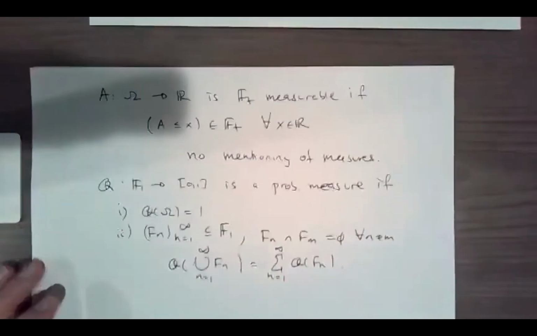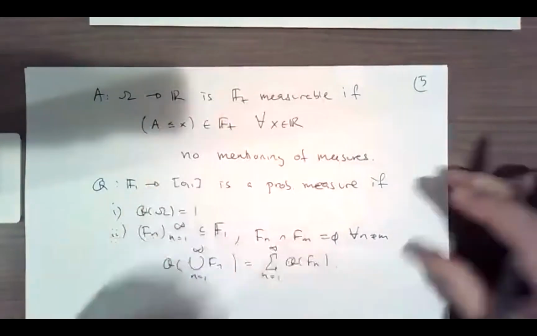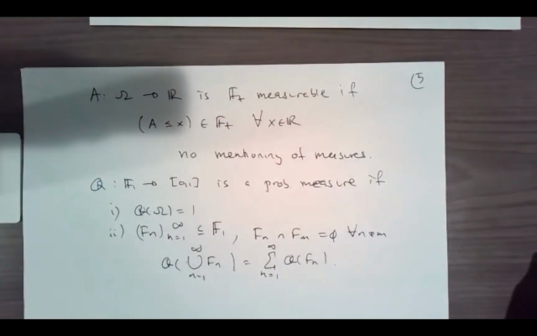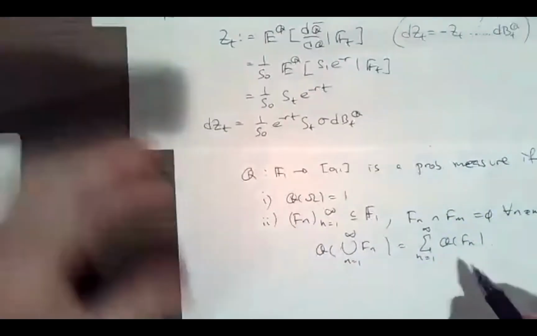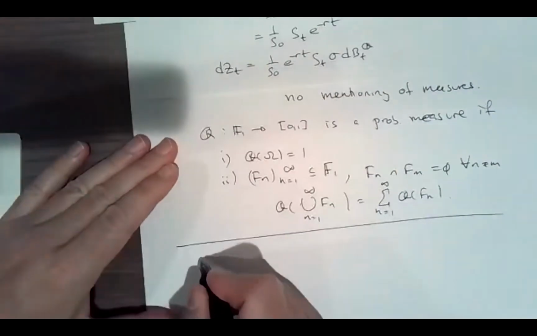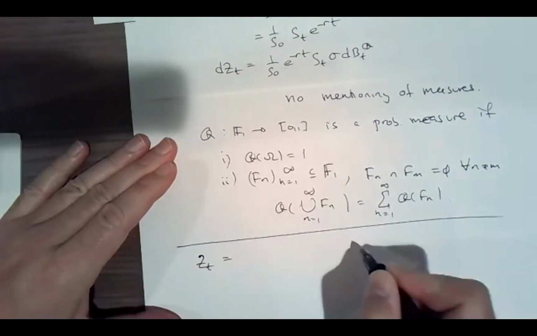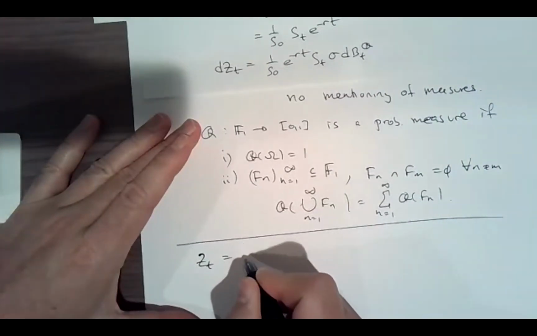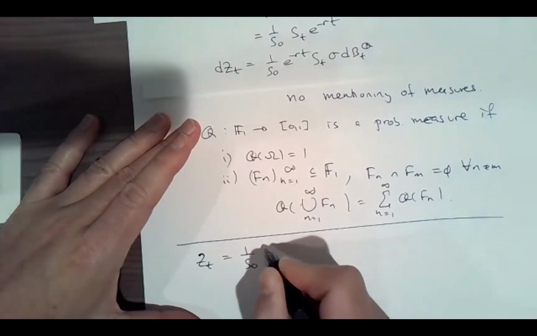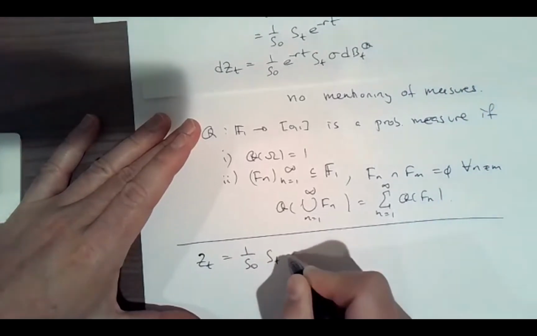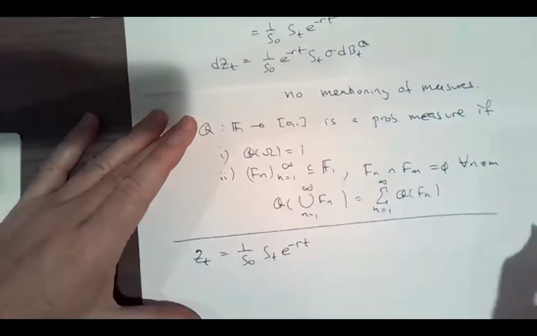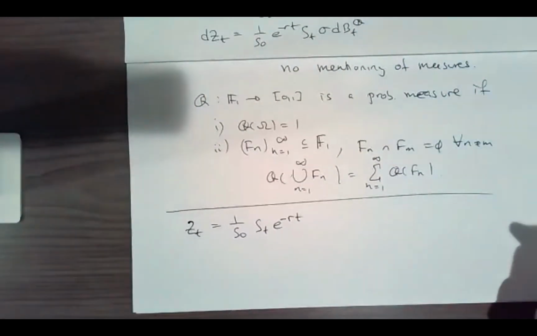The dZ, yep, we can do the dZ. So if I have Zt equal to 1 over S0 St e to the minus rt. So now I want to compute dZ.